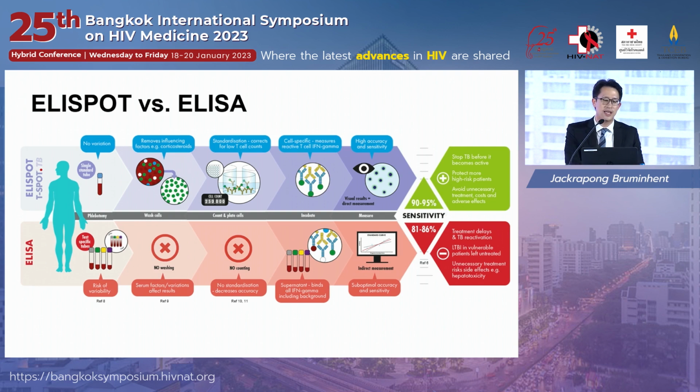They will extract what we call peripheral blood mononuclear cells. What are PBMCs? PBMCs include T cells and all the mononuclear cells, which are macrophages and monocytes. Because if you want to check T cell function, you really need antigen-presenting cells.